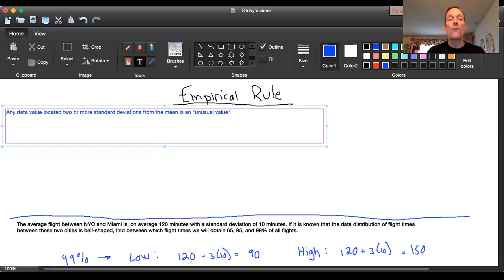Okay, so if we find an observation and that observation is located 2 or more standard deviations from the mean, it's unusual. That means it's unusually high or it's unusually low. So we're starting to get into the extremes of the data set. Now, if that's 2 or more standard deviations, what happens when you find a value that's even further away?